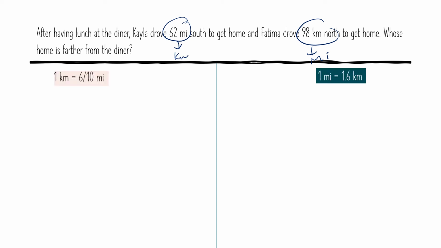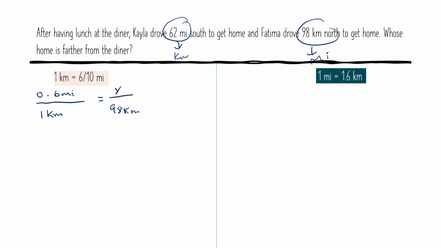Okay, I will be going through both of them. Okay, so first let's try converting the 90 kilometers into miles. We can start with our direct relationship and create our proportion. So we know that there are 0.6 miles in 1 kilometer. Okay, we have 90 kilometers.